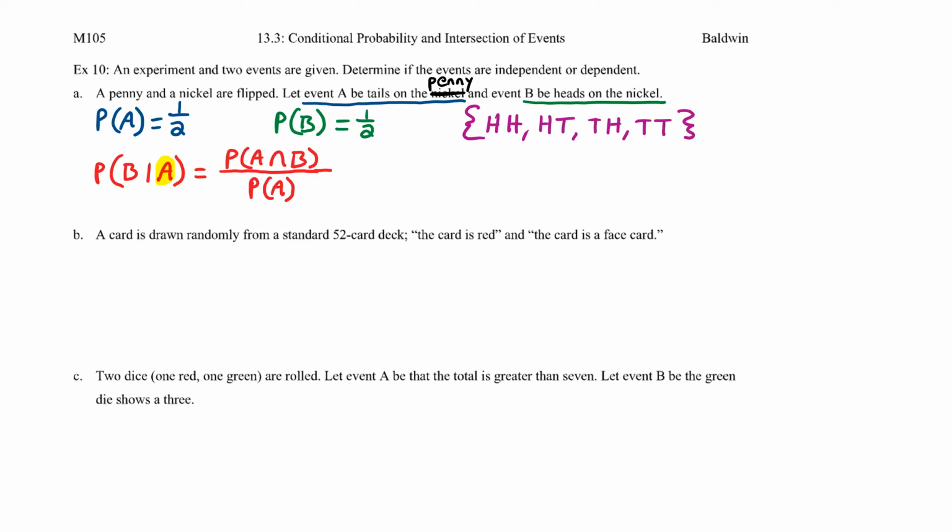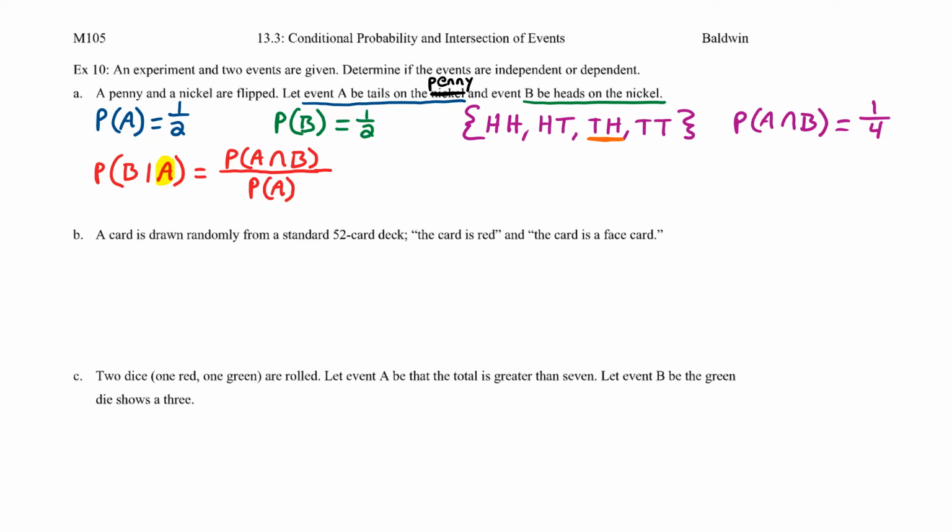What is the probability that the penny lands on tails and the nickel lands on heads? Our sample space has 4 possible outcomes, and only one of those satisfies both conditions. So the probability of the intersection is one occurrence out of the 4 possible outcomes.